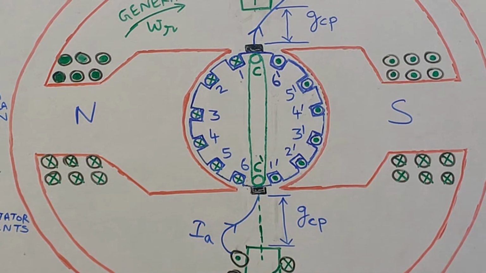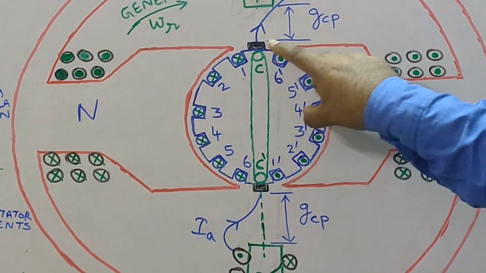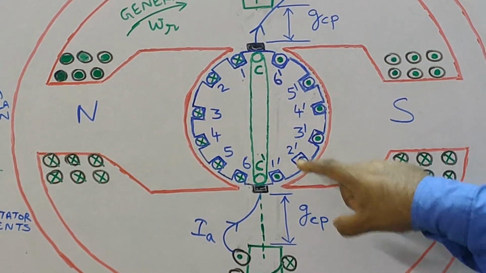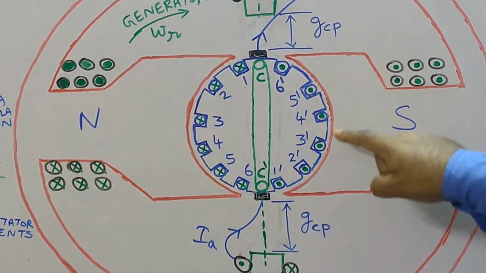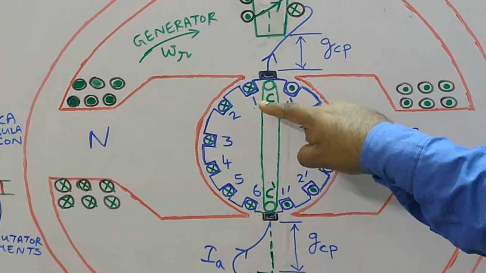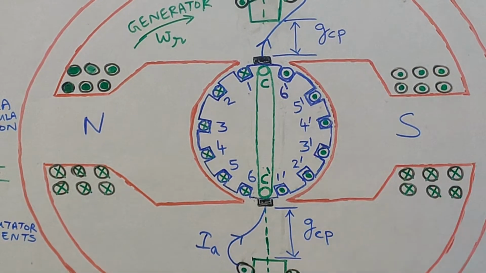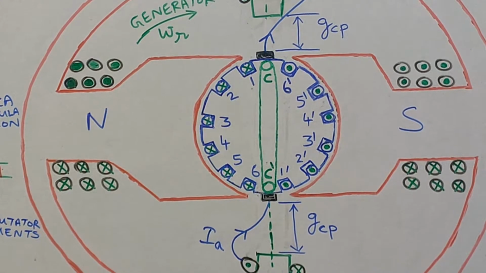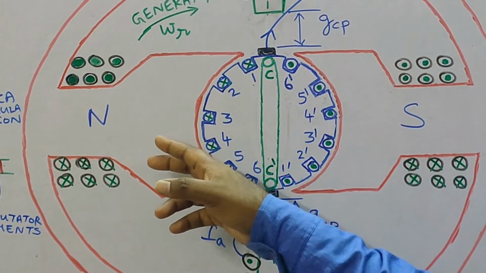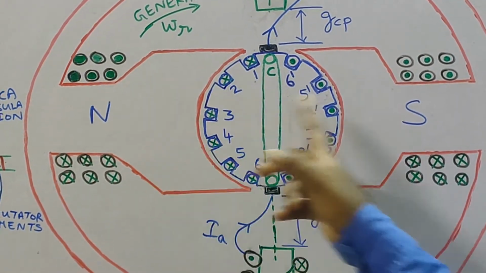That means the mechanical angle theta mechanical between slot number 1 and 1 dash happens to be 180 degrees, and it has to be because in the beginning itself we assumed a case of a 2-pole DC machine.